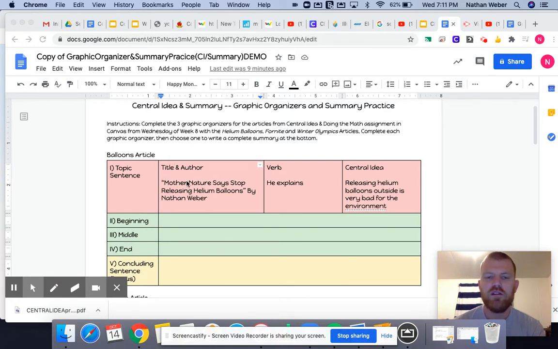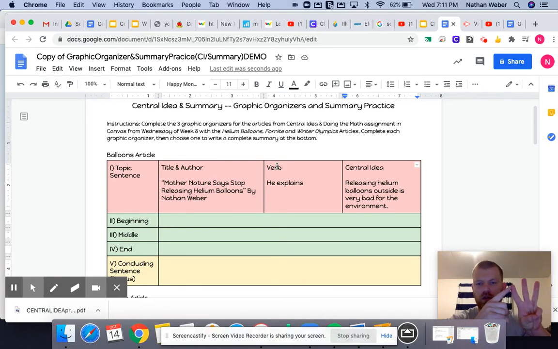And remember, we've already talked about the central idea for this, and it was releasing helium balloons outside is very bad for the environment. In your graphic organizer, you need to have a topic sentence ready. So you've got to have the title and the author and the verb, remember?